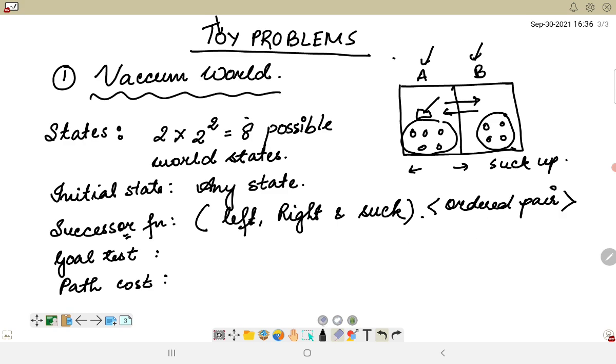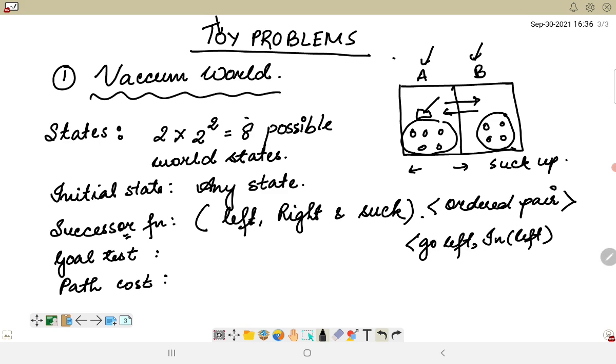If it is go left, it will be in left. If it is go right, then it will be in right. If it is do clean up, then it will suck up and stay in the same position.